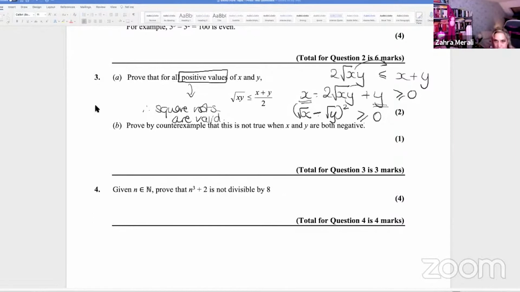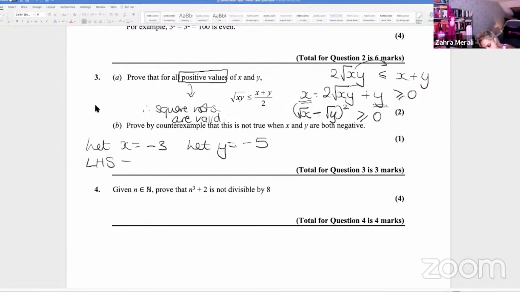Prove by counterexample this is not true when x and y are both negative. Counterexample, just pick some numbers. So let's let x equal -3, let y equal -5.